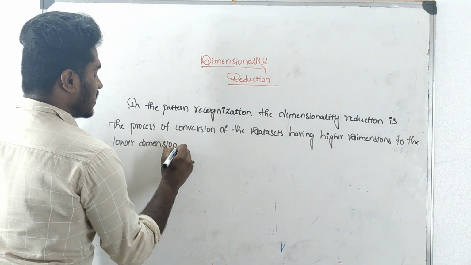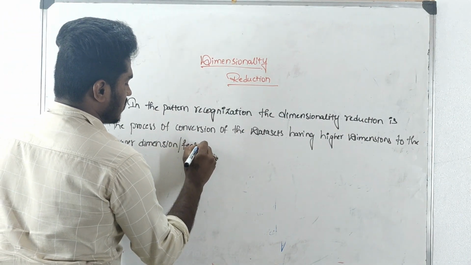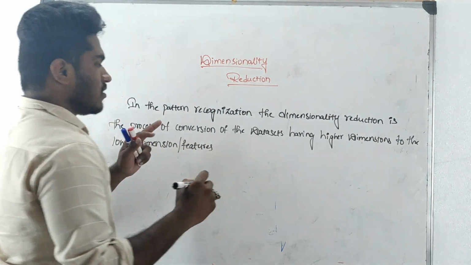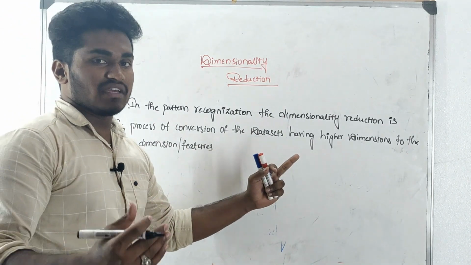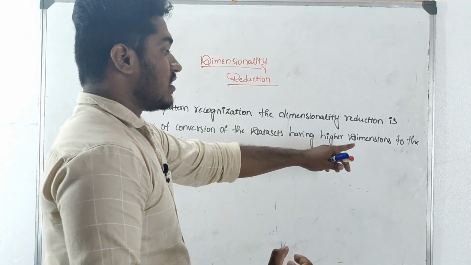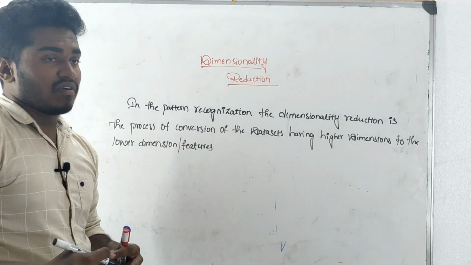It might be dimensions or it might be features. So dimensionality reduction is the process of conversion of the data set having the higher amount of data, that is higher dimensions of data, into lower dimensions of data.